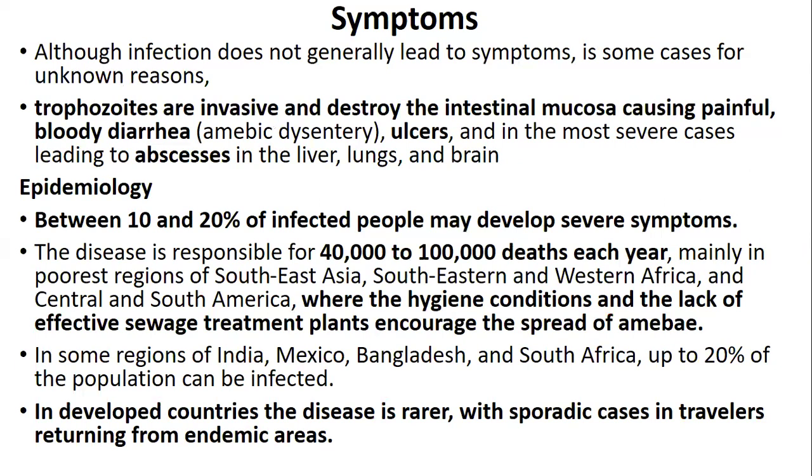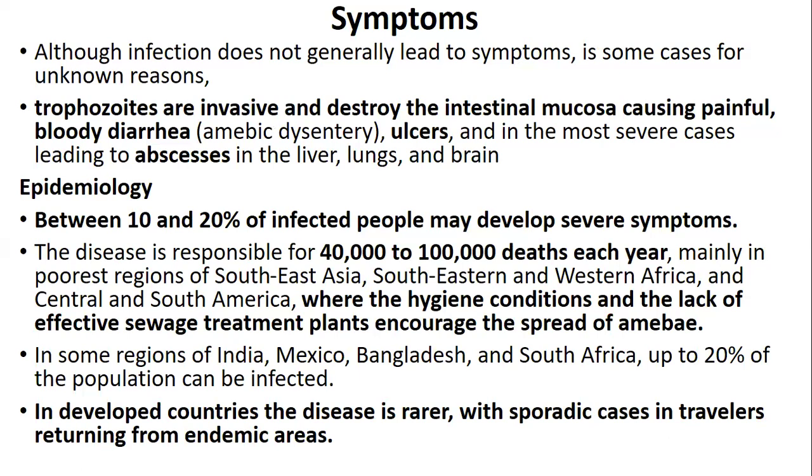Trophozoites are invasive and destroy the intestinal mucosa, causing painful bloody diarrhea, which is described as or defined as dysentery. It may cause abscess as well as abscesses. Okay, so those are what will be noticed. Epidemiology: between 10 and 20% of infected people may develop severe symptoms, and the disease is responsible for about 40,000 to 100,000 deaths each year.